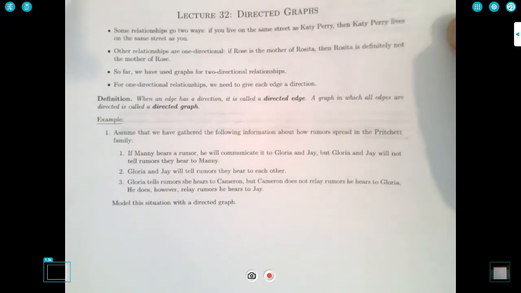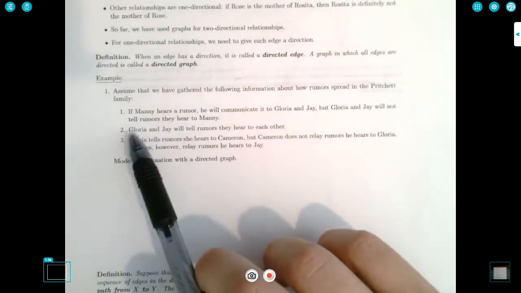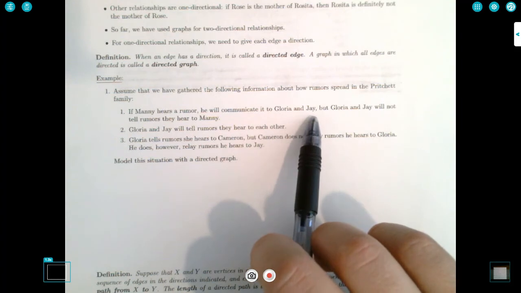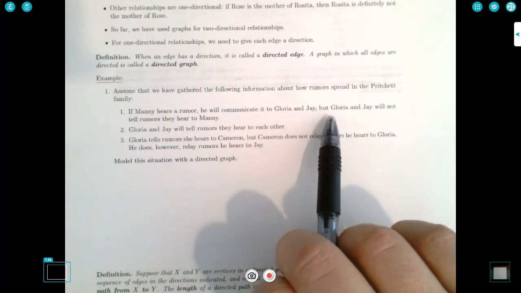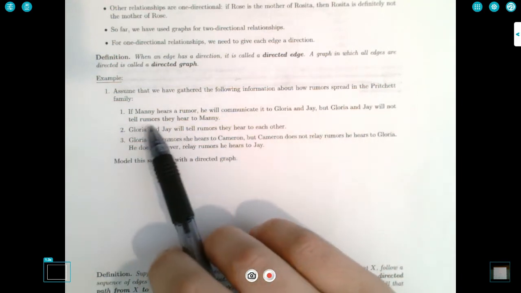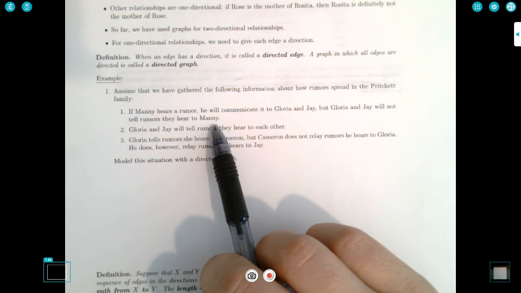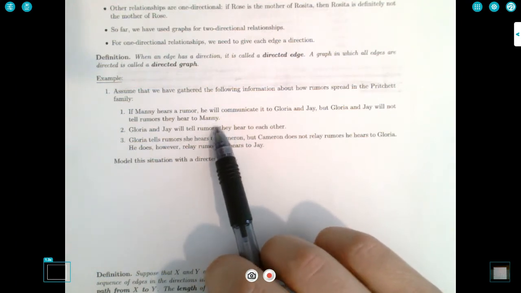So for example, let's assume that we have gathered the following information about how rumors spread in the Pritchett family. Okay, so if Manny hears a rumor, he will communicate it to Gloria and Jay. So he's a little gossip, I guess. But Gloria and Jay will not tell rumors they hear to Manny. Anyway.